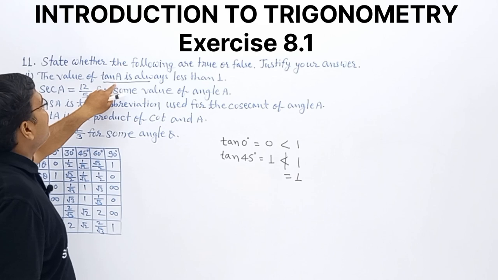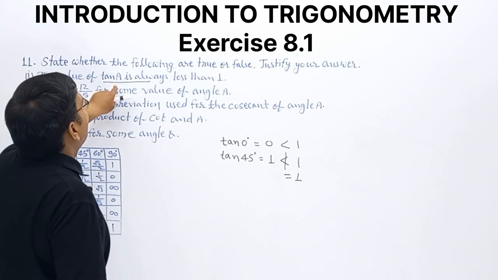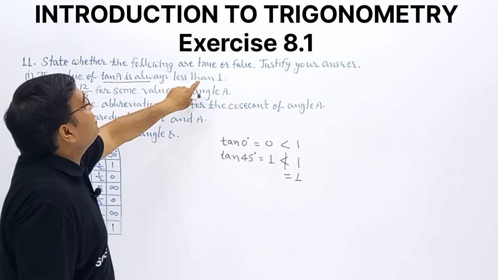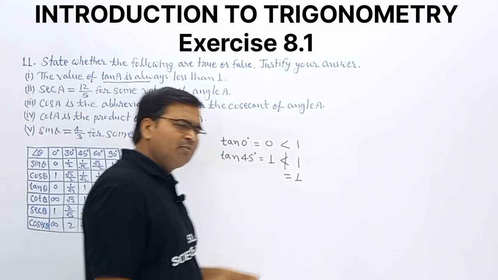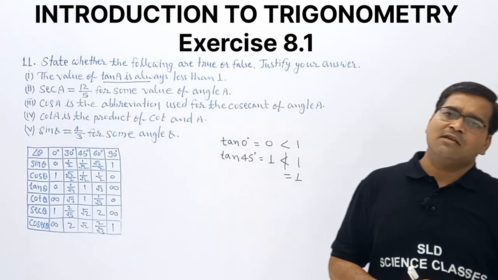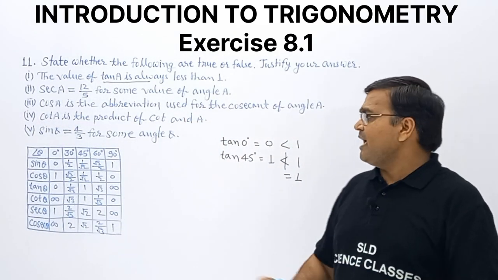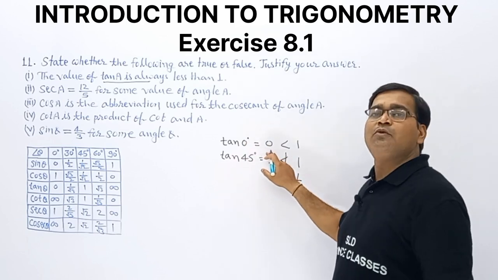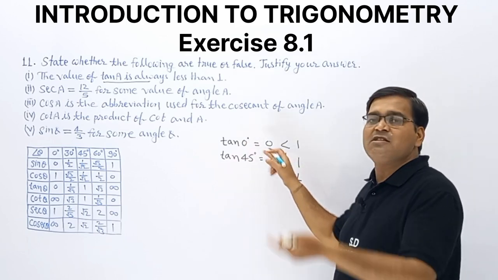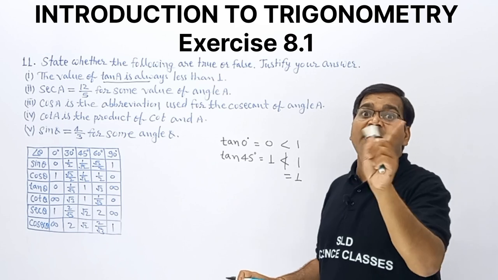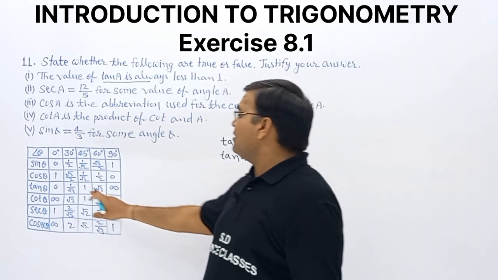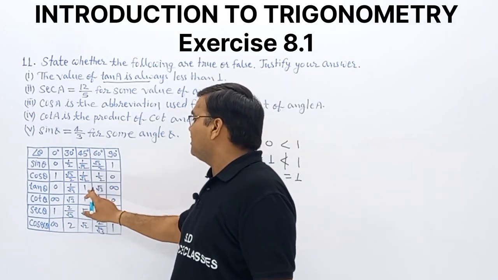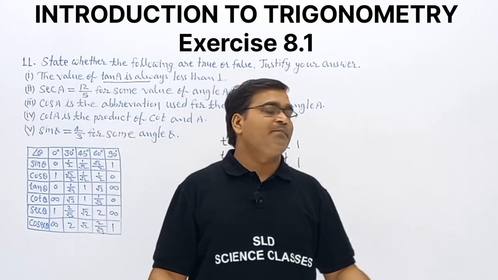So what can we say? The value of tangent A is not always less than 1. Sometimes it is less than 1, like tangent 0 degree, which is 0. But not always. Why? Because tangent 45 degree is 1, which is equal to 1.